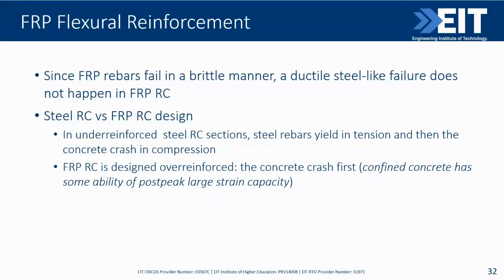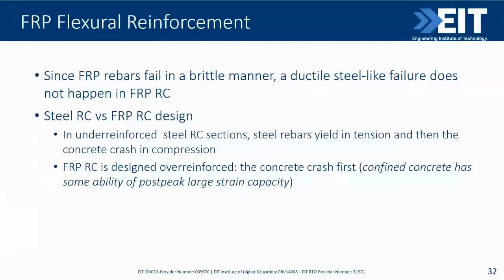Right, the main difference between design of FRP and steel reinforced concrete is due to the fact that the failure of FRP is brittle. And failure of steel is ductile. So as a result, the steel reinforced concrete is under-reinforced, which means the rebars yield in tension and then concrete crushing in compression. That's what we do in conventional concrete design.